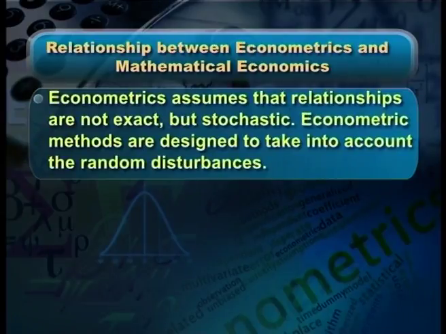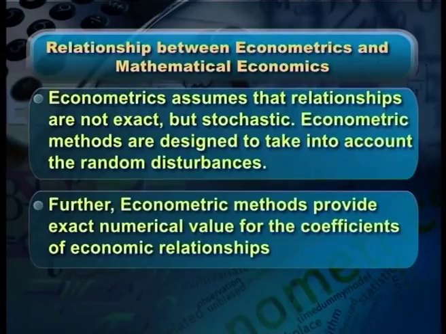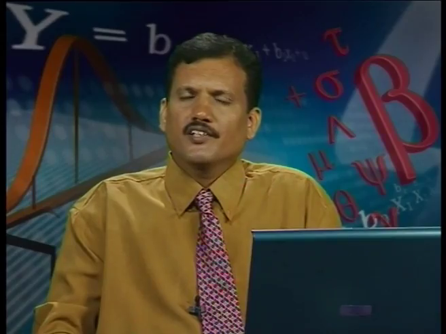Then econometrics assumes that relationships are not exact. These are influenced by random variables that we have seen just now. Econometric methods are designed to take into account the random disturbances. Further, econometric methods provide exact numerical values for the coefficients of economic relationships that can be measured.